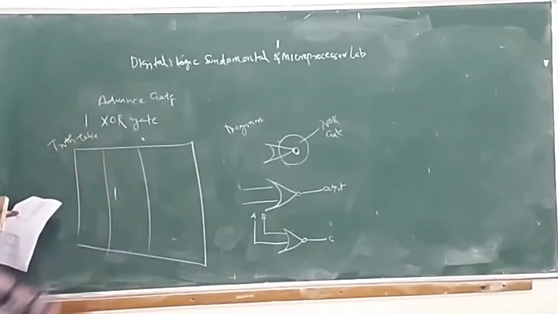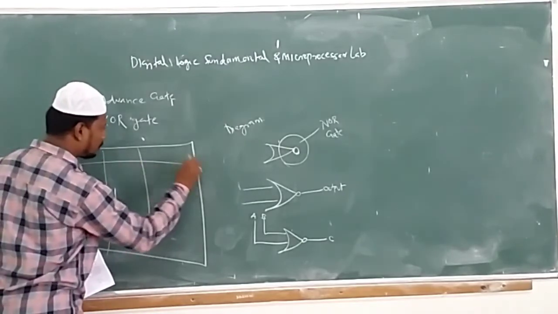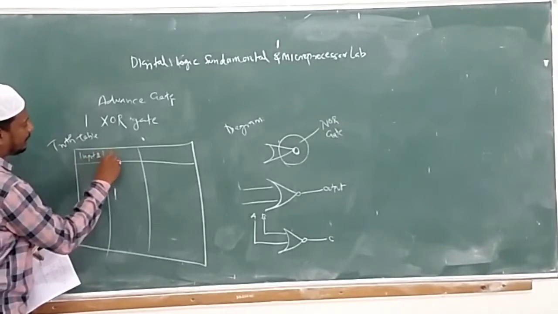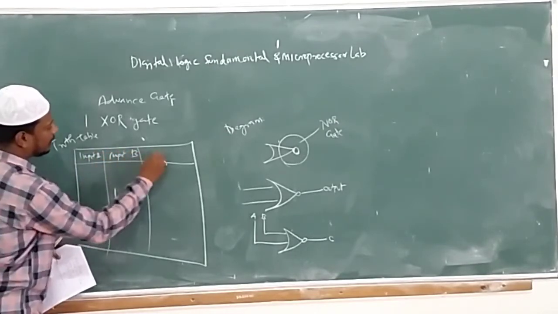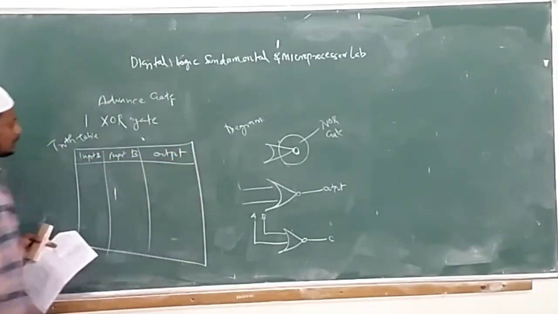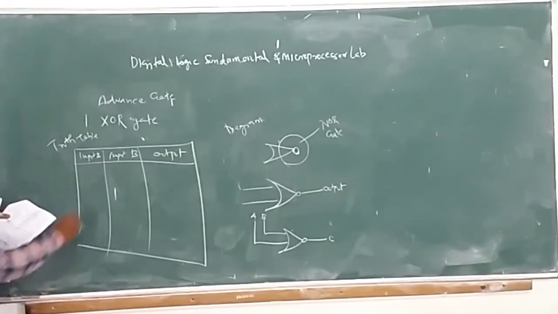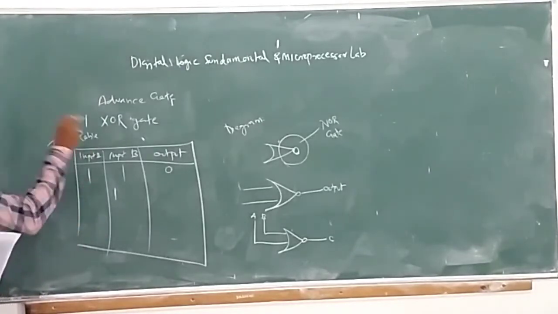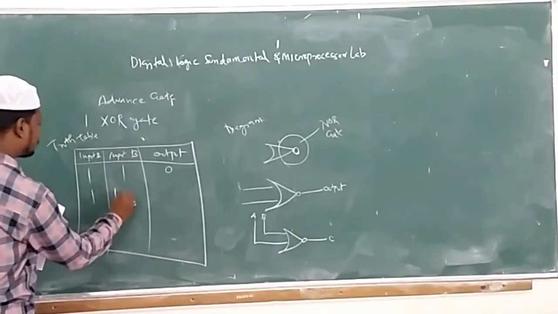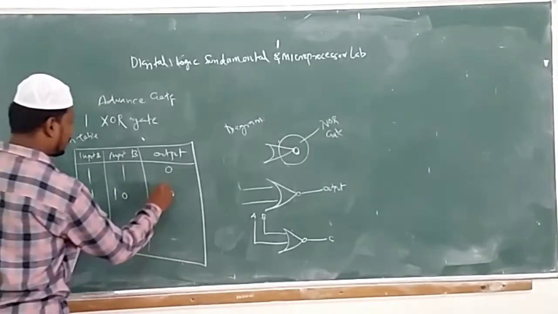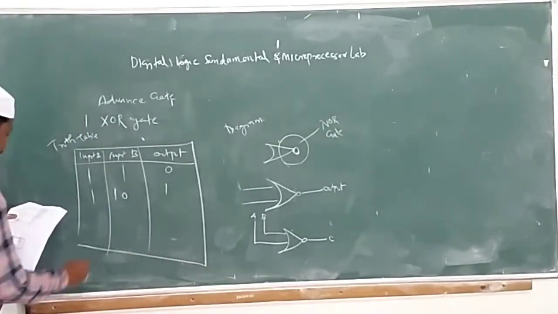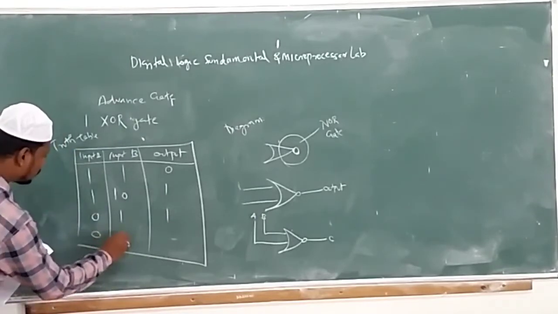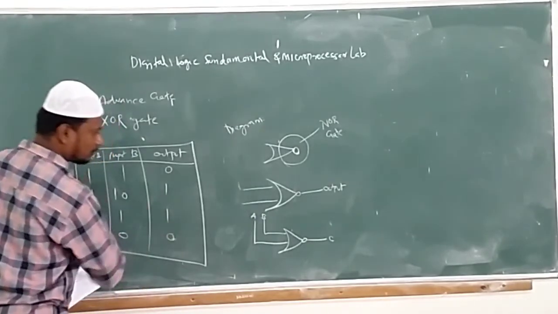It has the same two inputs, input A and input B, and the output. When A and B are 1 and 1, the XNOR output is 0. Then 1 and 0, the output is 1. Next, 0 and 1, the XNOR is 1, and 0 and 0 gives 0.